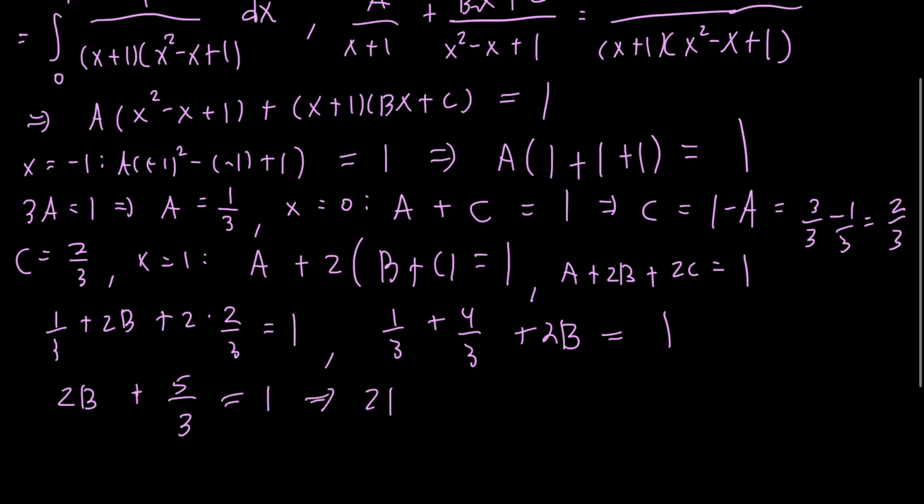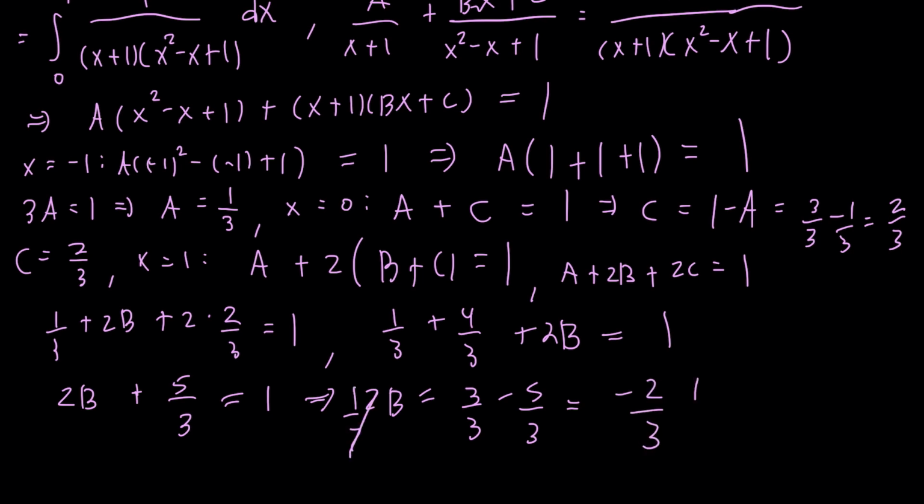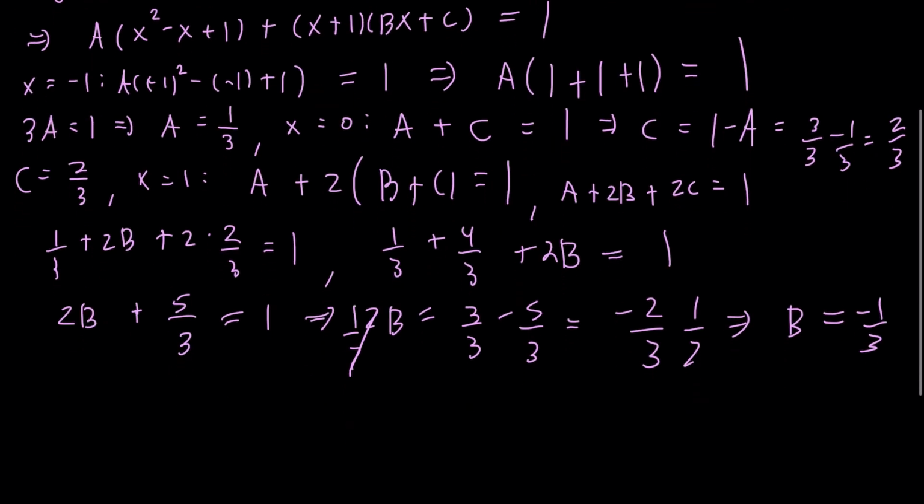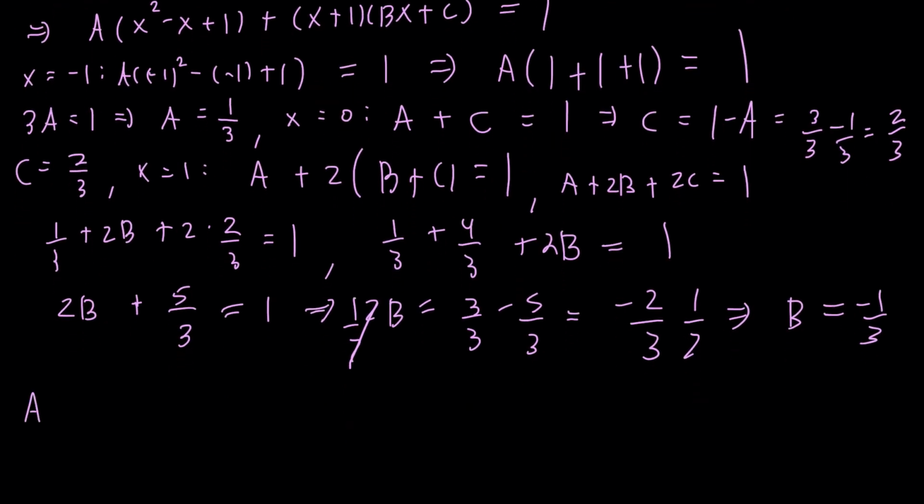So 2B equals 3 over 3 minus 5/3, which is -2/3. Multiplying by 1/2, you see that B is -1/3. So we said that A is 1/3, B is -1/3, and C is equal to 2/3.